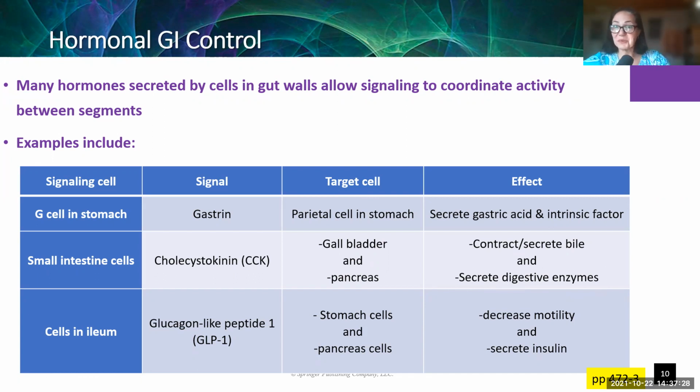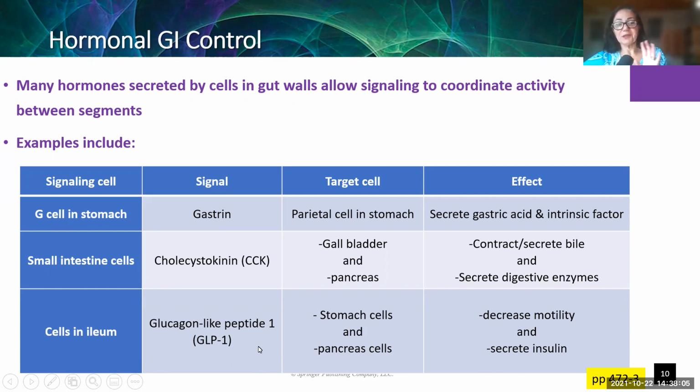But wait, there's more. Then as the chyme, this mixture that comes from the stomach, moves along the small intestine, it eventually arrives at the last part of the small intestine, the ileum. And some of the cells in the ileum produce GLP-1, glucagon-like peptide. And this one, now we're going to communicate backwards. We're going to communicate back to the stomach, and we're going to communicate forward to the pancreas. See if this makes sense.